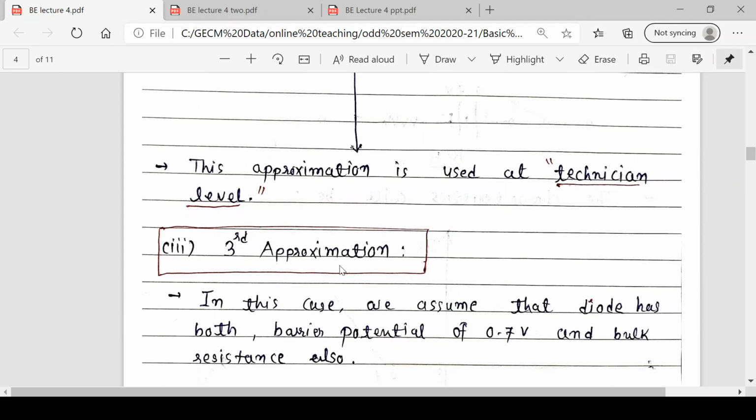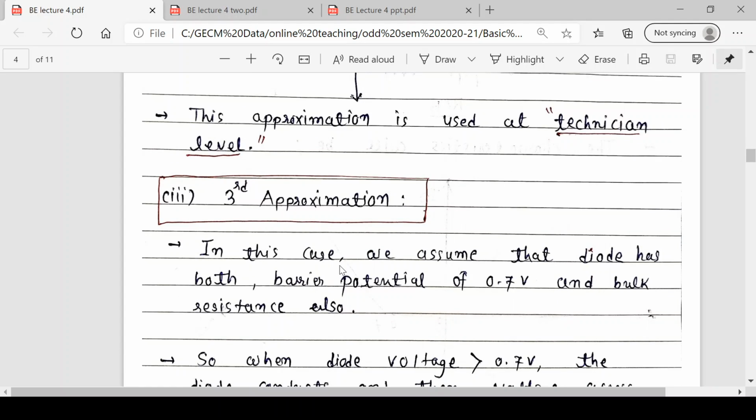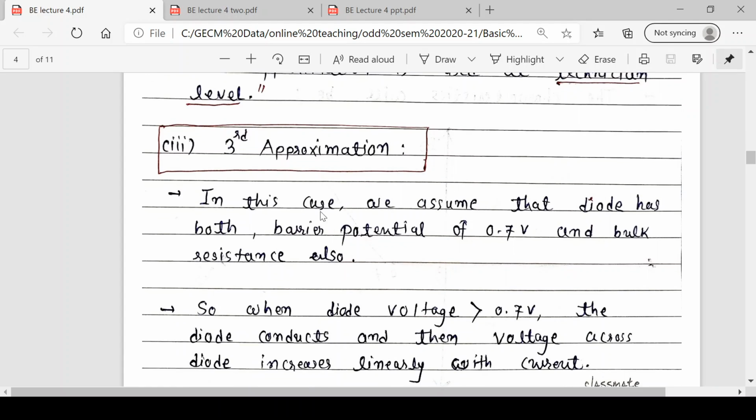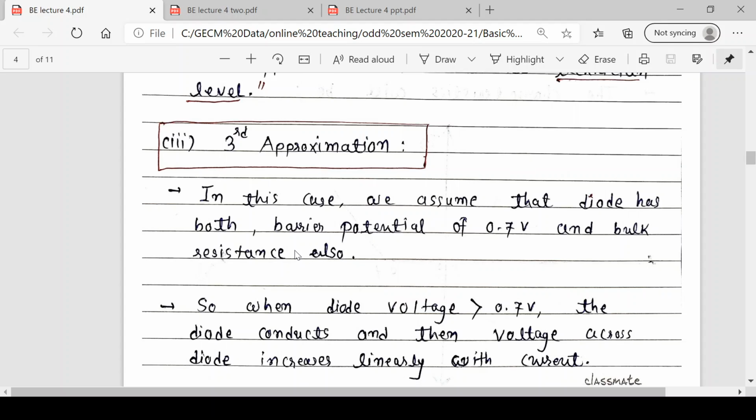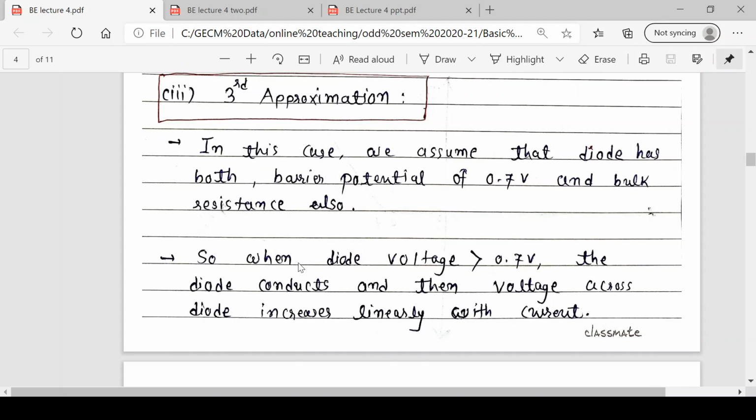Let's talk about the third approximation. It will have some more detailing. What is that more detail? In this case, we assume that the diode has both a barrier potential of 0.7 volt and bulk resistance also present. That means it has more detail than the second approximation. Now you can imagine how it will work. If your input or diode voltage is greater than 0.7, the diode will be forward biased and conducts fully, and then what will happen?